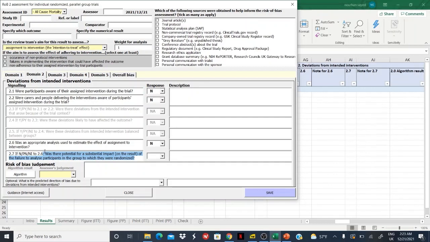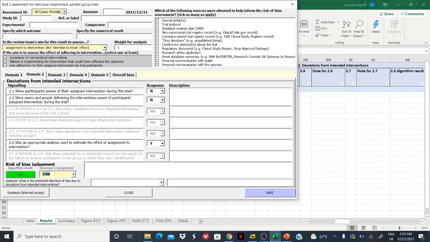You'd have to judge that based on how many patients crossed over. Was it a relatively large proportion, and could it have induced an imbalance in their prognostic factors? In this case, it's not really relevant, so I'm going to type in yes here. I'm going to click on the algorithm button, and I'm going to choose a low risk of bias, right? So, that's the second domain, the deviations from intended interventions domain.